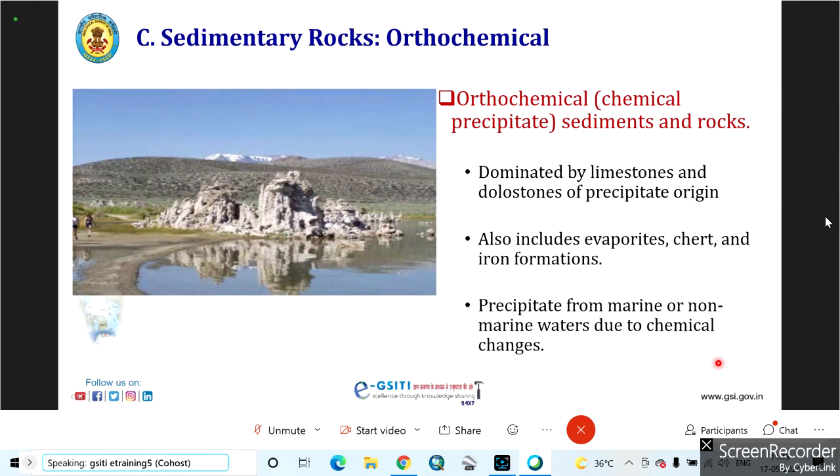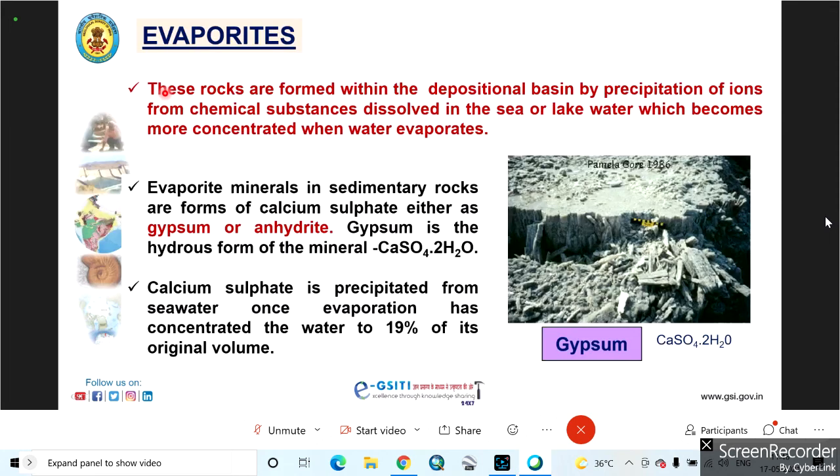So let us see the characteristics of the rocks which come under this category. One is the evaporites. These rocks are formed within the depositional basin by precipitation of ions from chemical substances dissolved in the sea or lake water, which becomes more concentrated when water evaporates.